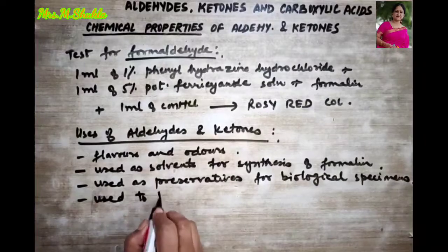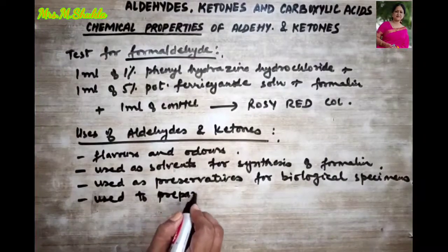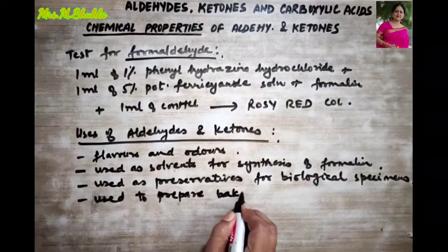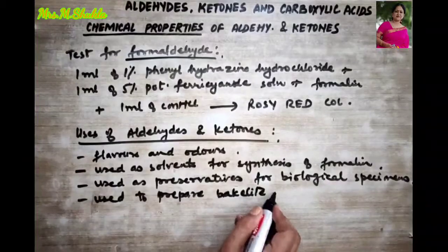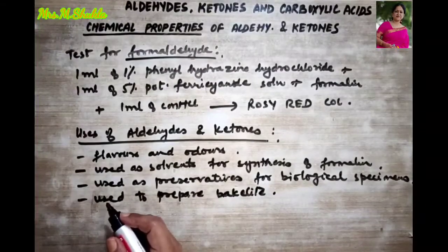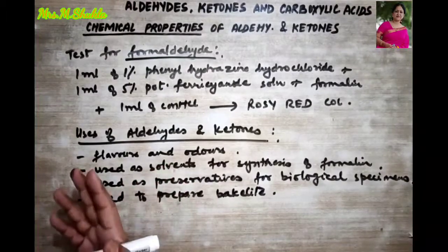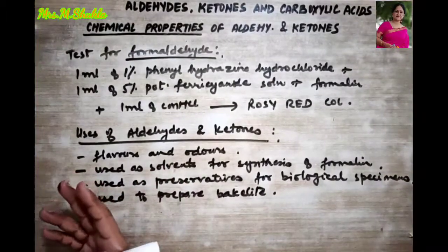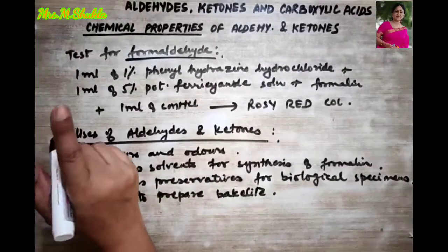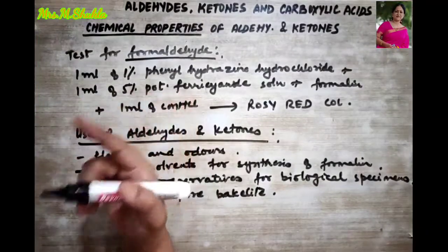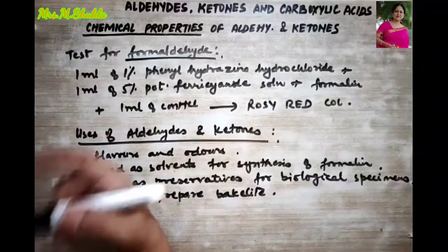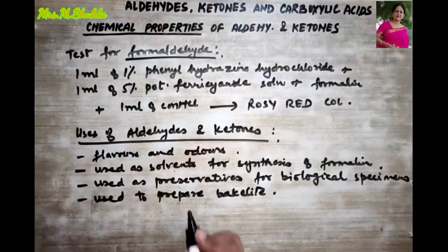Acetaldehyde is used as a starting material for acetic acid, esters, some drugs and polymers, whereas benzaldehyde is used in the dye industry, in the perfumery industry and so on.